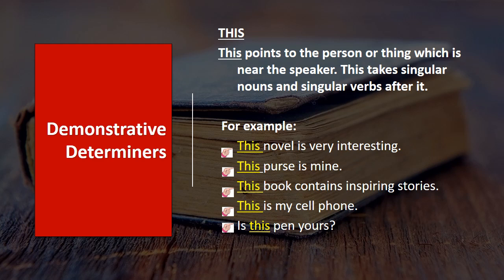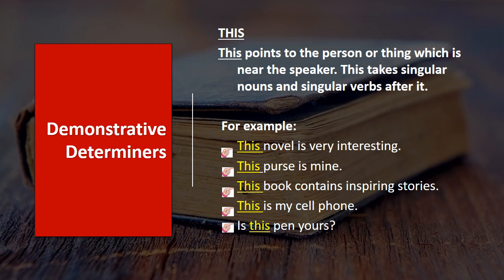Now students, let us learn more about the demonstrative determiner this. This points to the person or thing which is near the speaker. This takes singular nouns and singular verbs after it. So this shows that the person or thing is very near to the speaker and it is used for singular nouns and singular verbs.